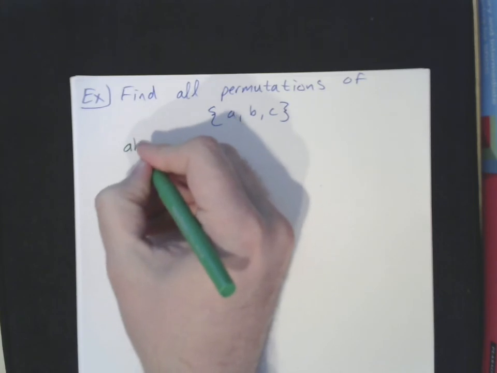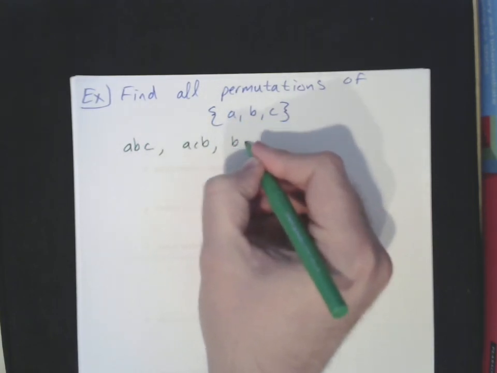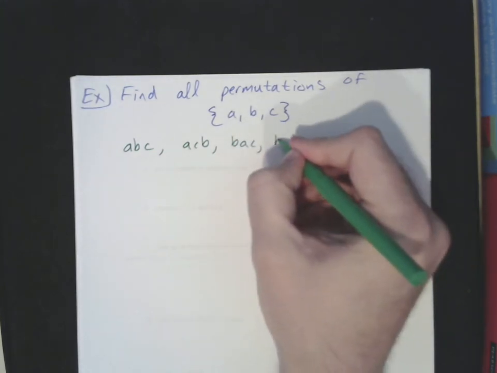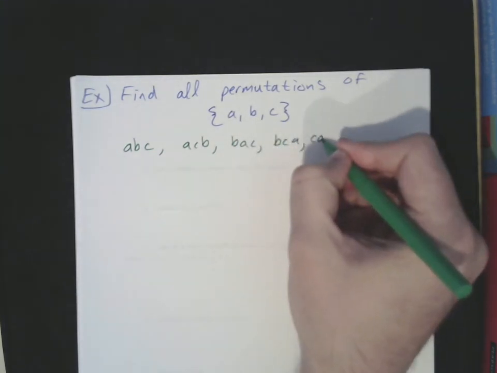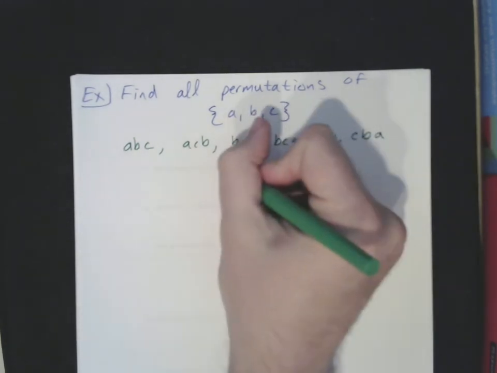Well, we can have the standard ABC, we can have ACB, we can have BAC, we can have BCA, we can have CAB, and we can have CBA. So 6 total.